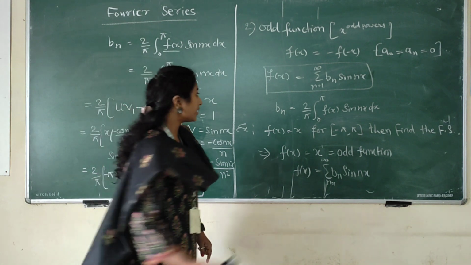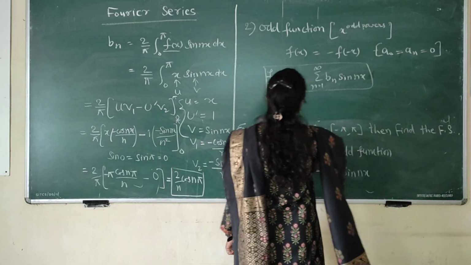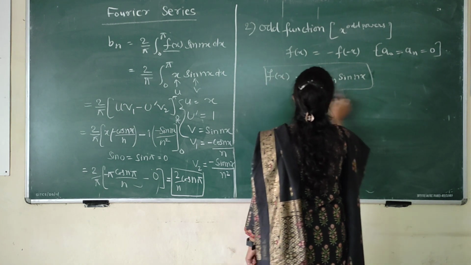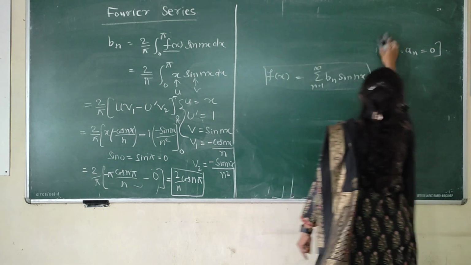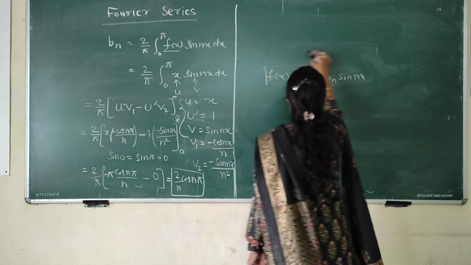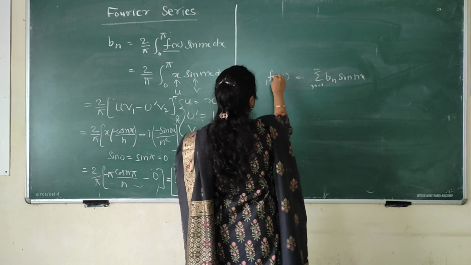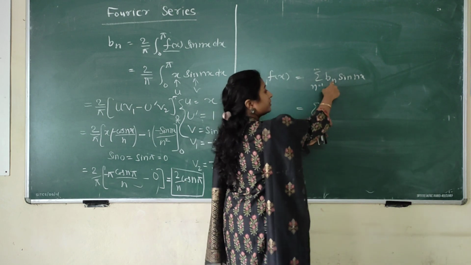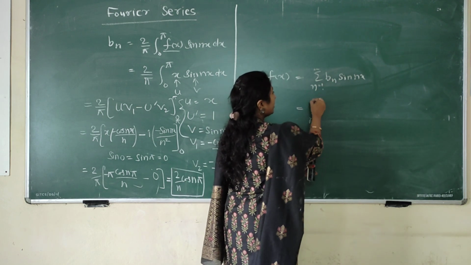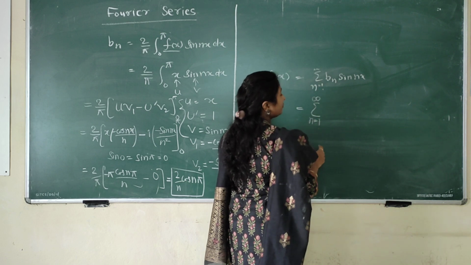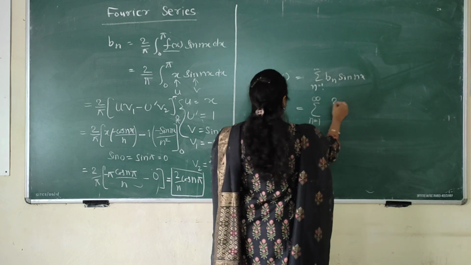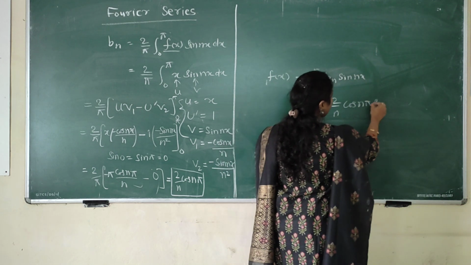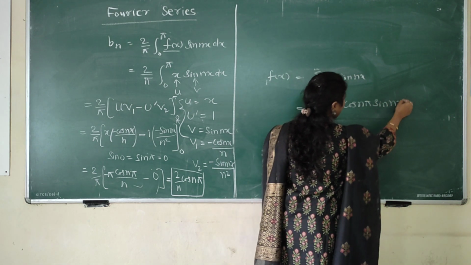So the final answer, the Fourier series, is f x is equal to, placing the value of bn, summation n is equal to 1 to infinity 2 upon n cos n pi sin nx.